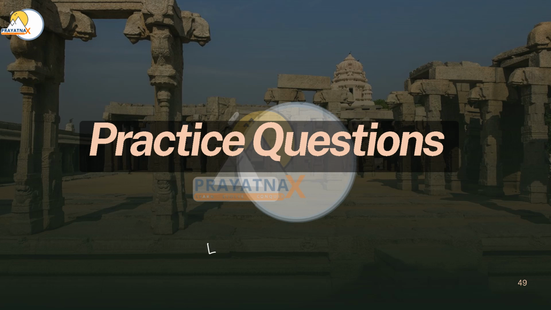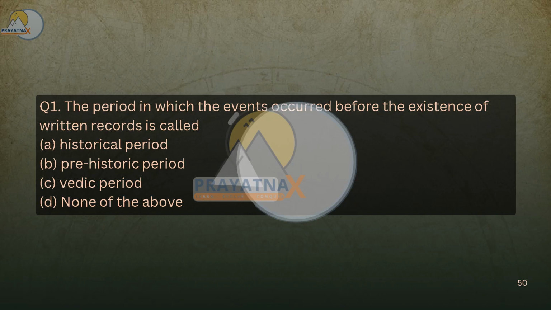Now let us look at the first question. The period in which the events occurred before the existence of written records is called: historical period, prehistoric period, Vedic period, or none of the above.